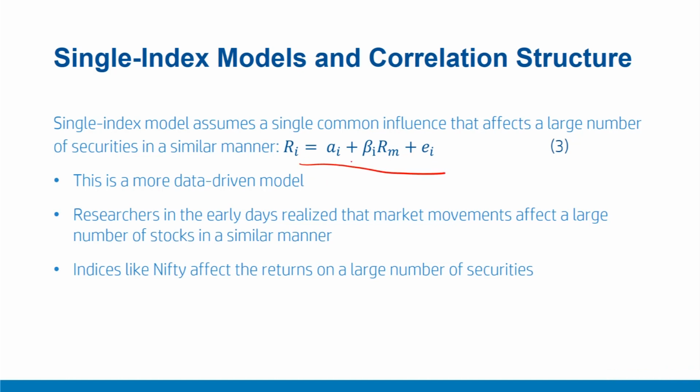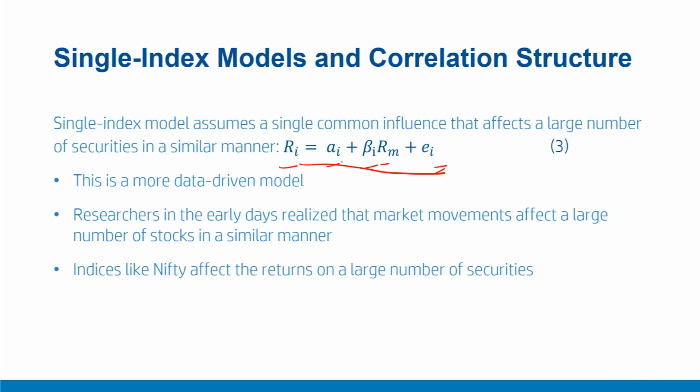Here, R_m is the return on market index, R_i is the return on the security, e_i is the error term which is specific to the security, and beta is the constant which measures the change in R_i for a given change in R_m. For example, a beta_i of 2 would indicate that a 1% change in market would cause a 2% change in the stock's return.